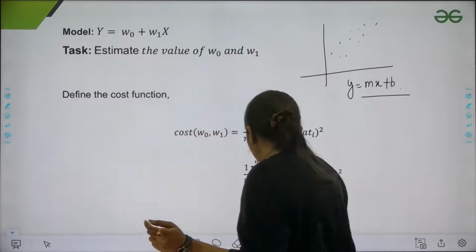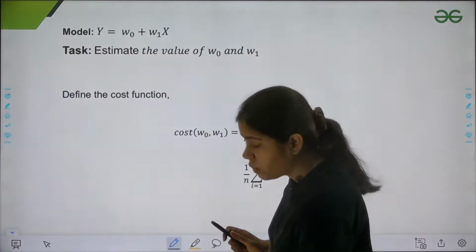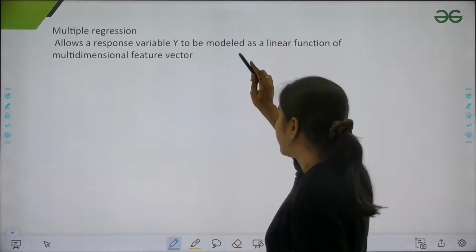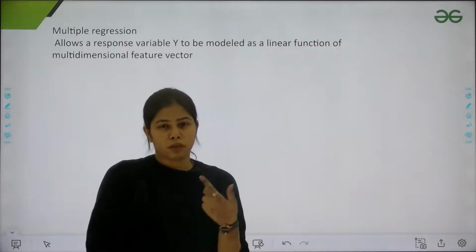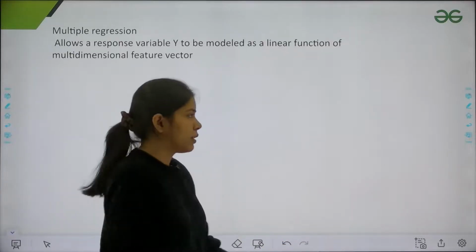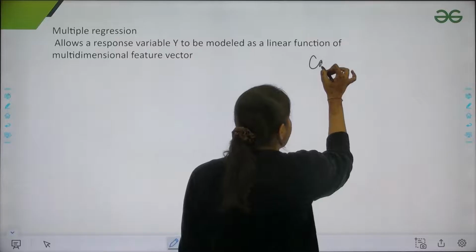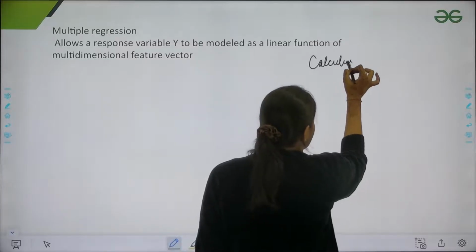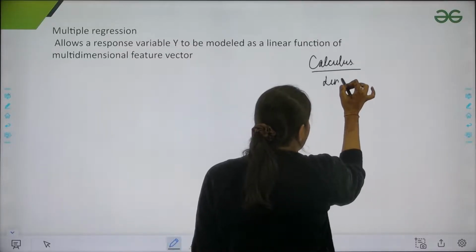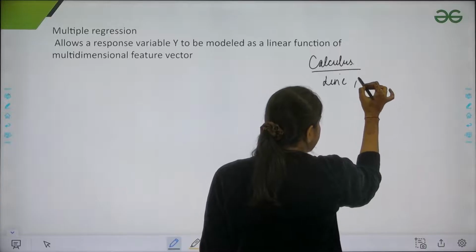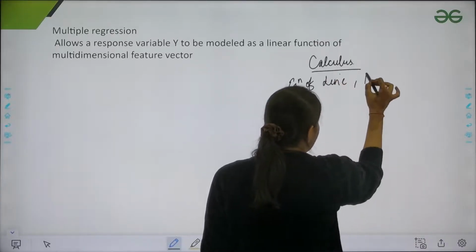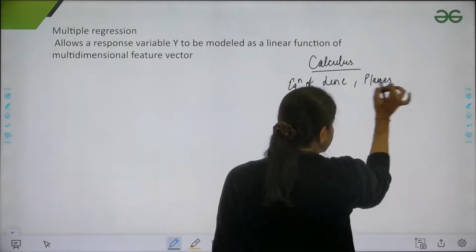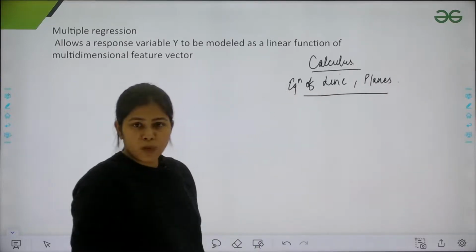Okay guys, let me tell you what things you have to go through before the machine learning syllabus. So just go through the basic calculus. First you have to work on line and equation of a line, planes, right? All those things are important.